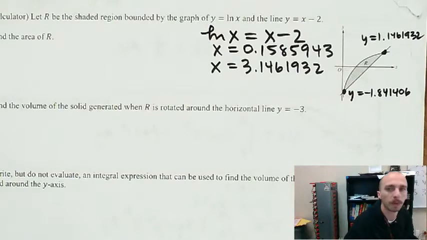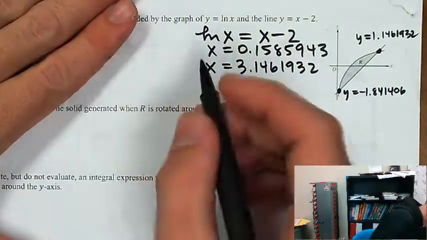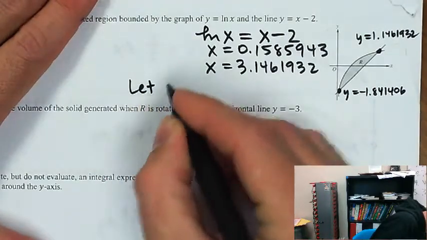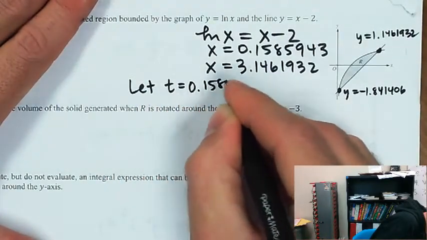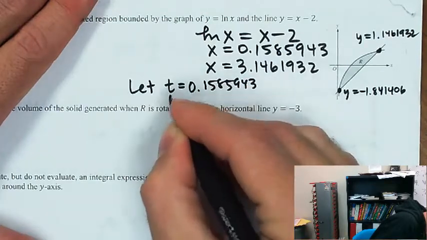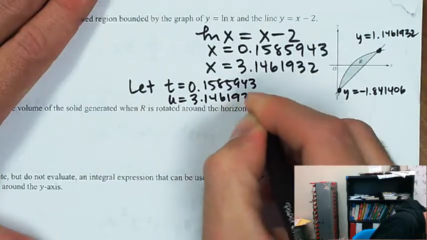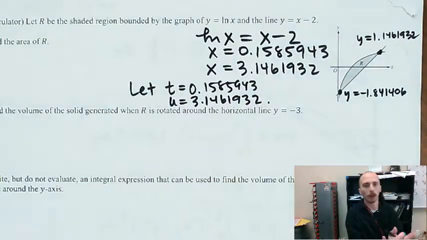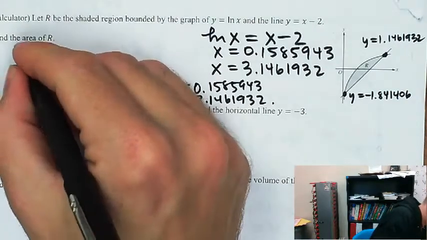So since I'm going to have to write it twice and I don't want to keep writing that, I'm going to say let t equal 0.1585943 and u equal 3.1461932.